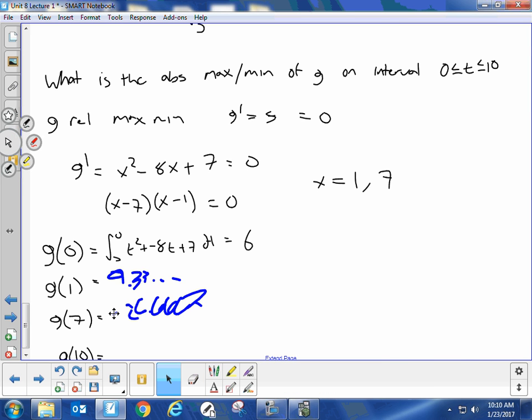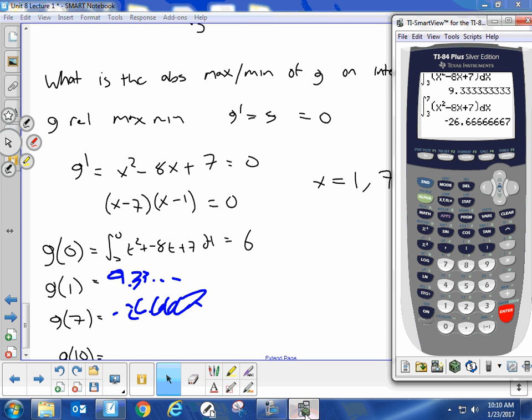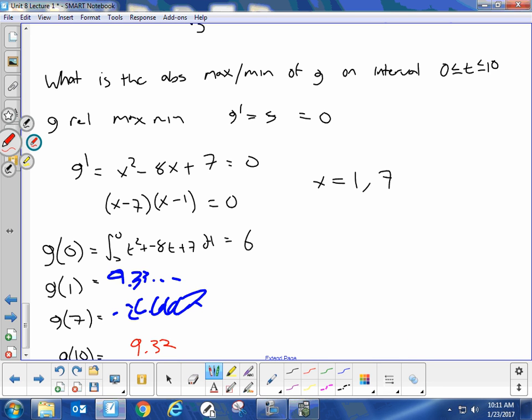And then 10. You could also just look at the signs of your derivatives to figure out if these are going to be maxes and mins. Sometimes that would be quicker to just eliminate some things. This is also 9.3. So we have 2 absolute maxes, and this would be an absolute min.